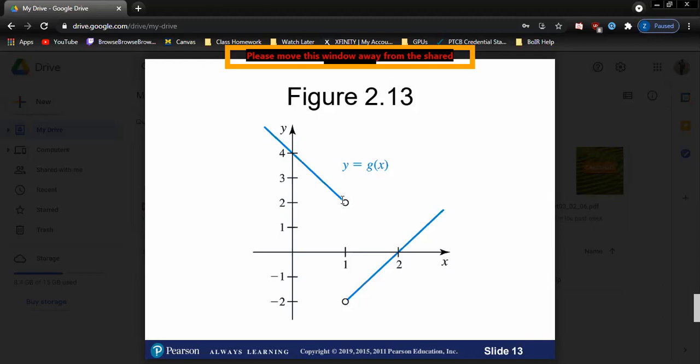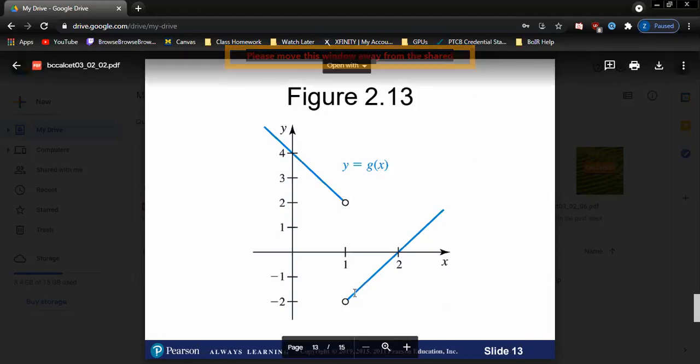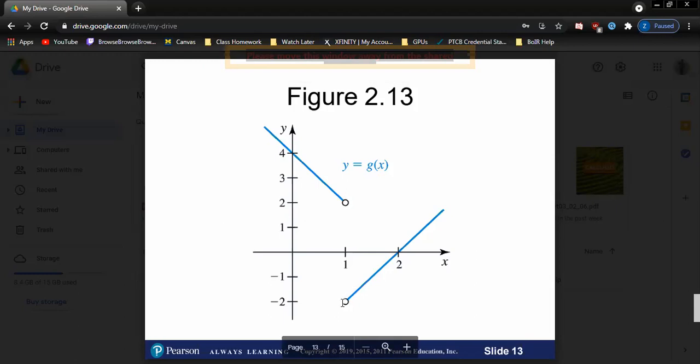So we say that the left-sided limit is 2. In the same way, the right-sided limit is -2, because we are going to 1 from your right, your graph is going this way. So we say the right-sided limit is -2.